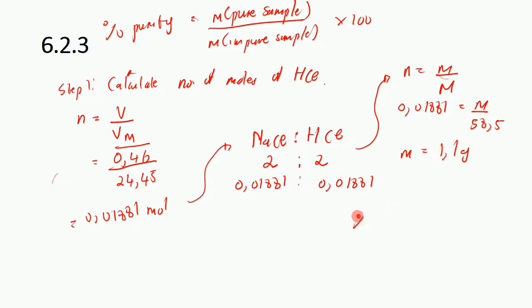So to calculate percentage purity, again, remember the formula is what? Mass of pure sample over the mass of impure sample. So what we were calculating here is the one that reacted, which is the pure sample, and then over the impure sample, and then multiply that by 100, right? So we find that our percentage is equals to 73.33%, right? Awesome.